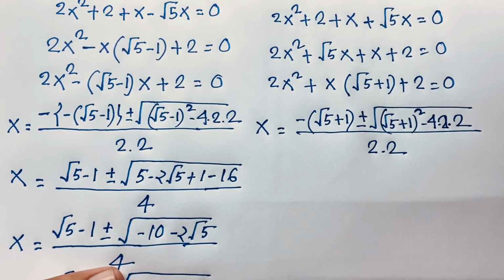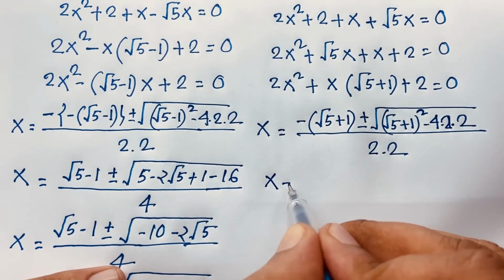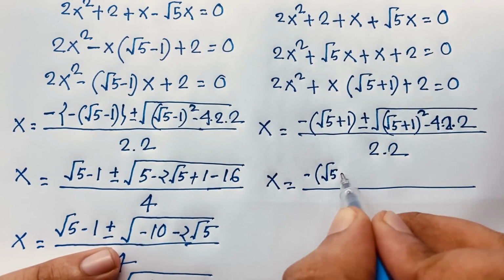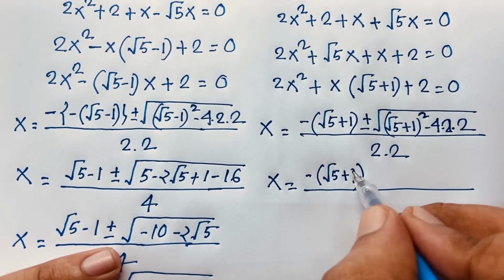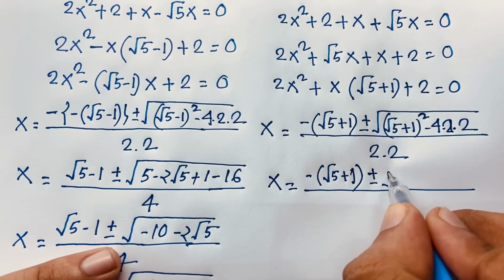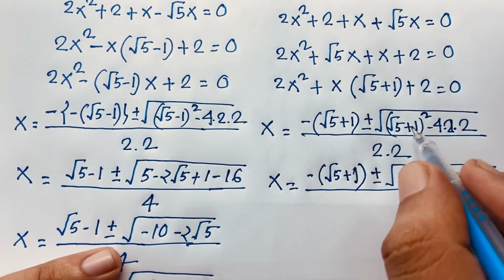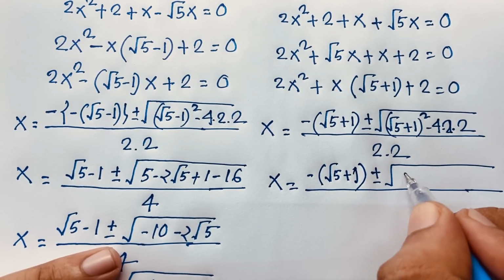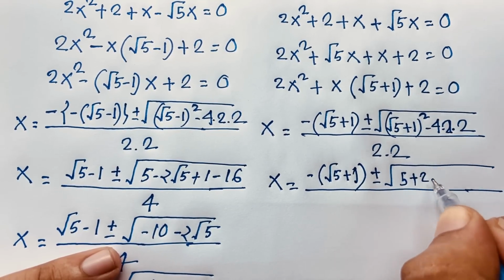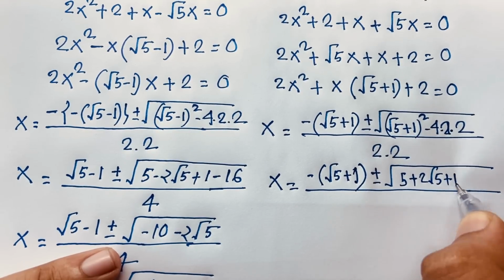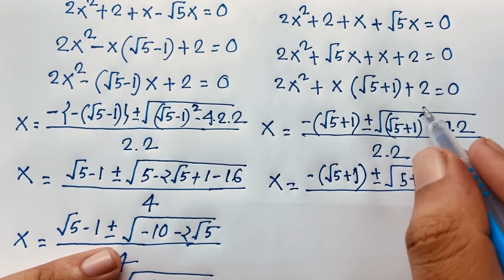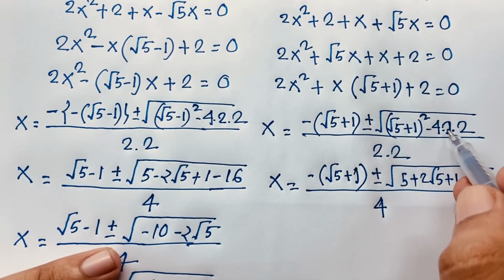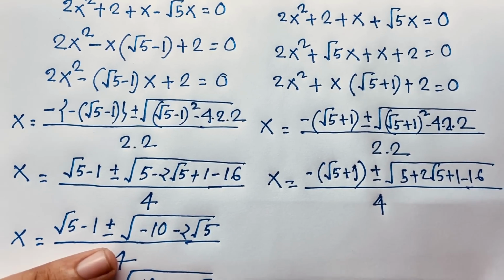Now x will be minus square root 5 plus 1, and plus minus square root, then square root 5 plus 1 is a plus b whole square, so it will be 5 plus 2 square root 5 plus 1, because b is equal to 1, 1 squared will be 1, minus 16 over 4, since 2 times 4 will be 16.